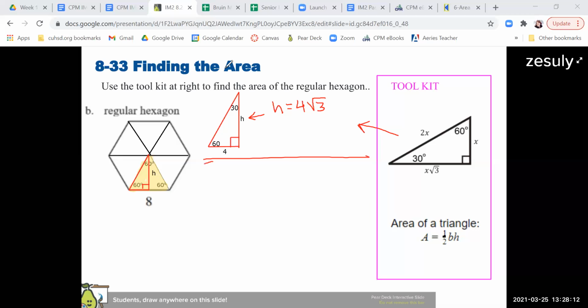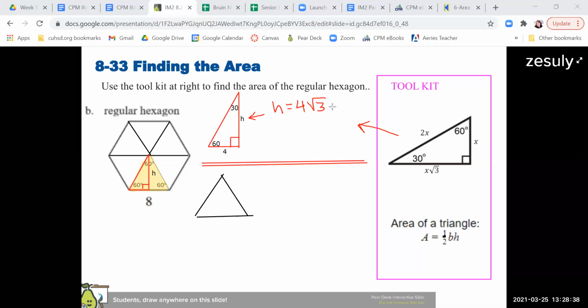All right, now it's time to actually find the area of the yellow triangle. So now I'm going to go back and use h is 4√3 to find the area of the yellow triangle. The yellow triangle has 3 equal sides.